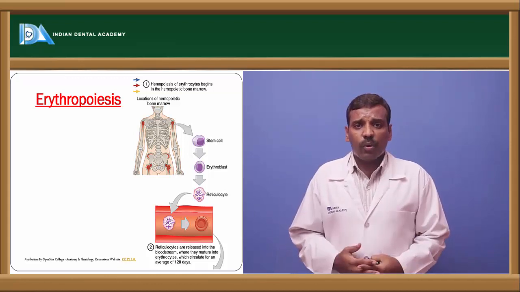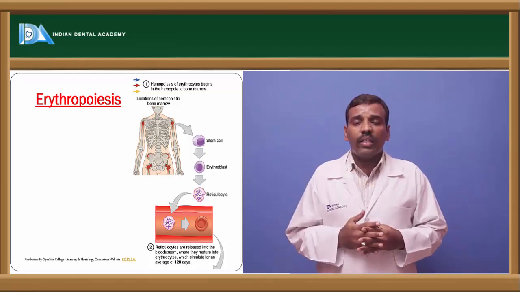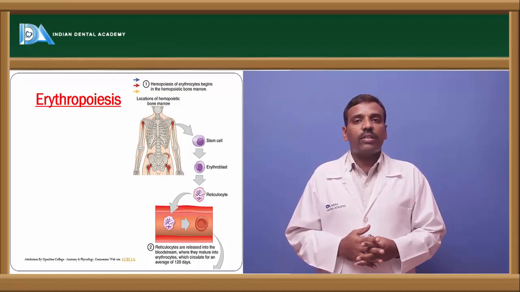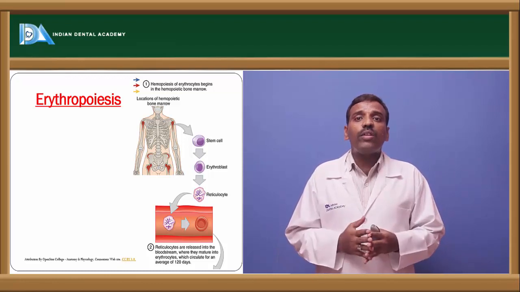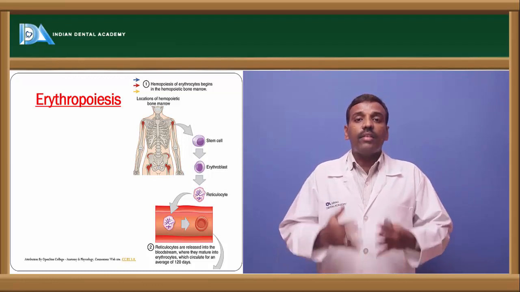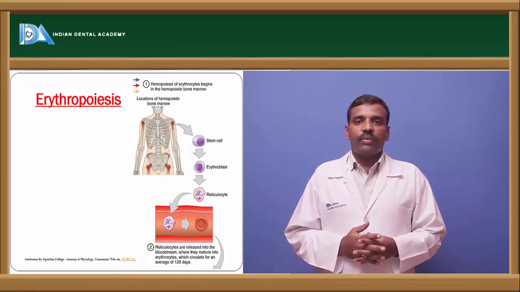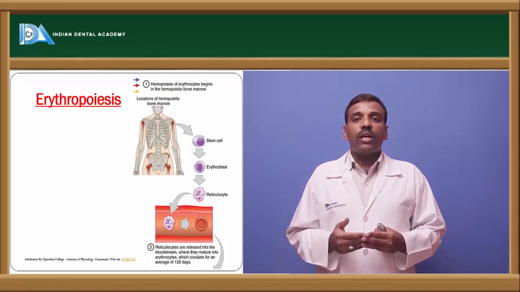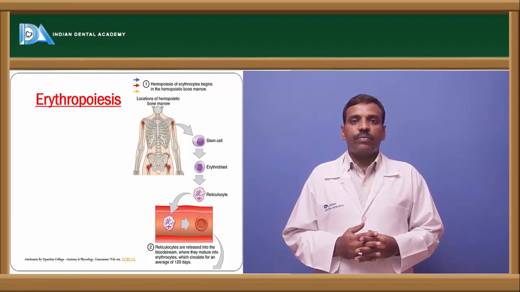And after this process, this CFUE gives the proerythroblast. The proerythroblast size is about 14 to 16 microns, and the formation of the hemoglobin starts at this level. Next, this proerythroblast gives another cell, that is what we call the early normoblast.